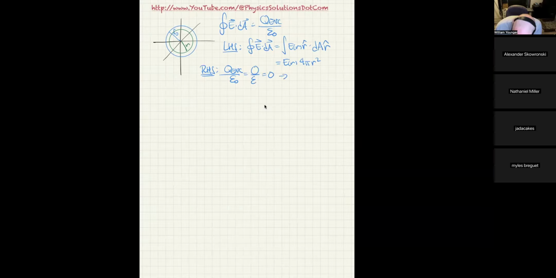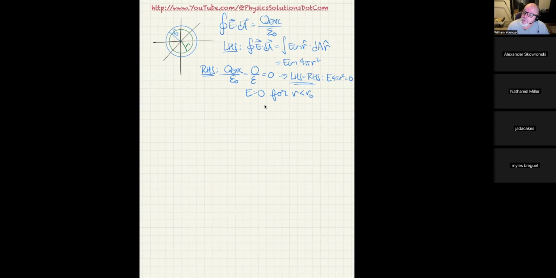Setting the left-hand side equal to the right-hand side, you get E times 4 pi R squared equals 0, so E is equal to 0 for R less than R0. We could also do the case for R greater than R0, and we would get the expression that we already had.